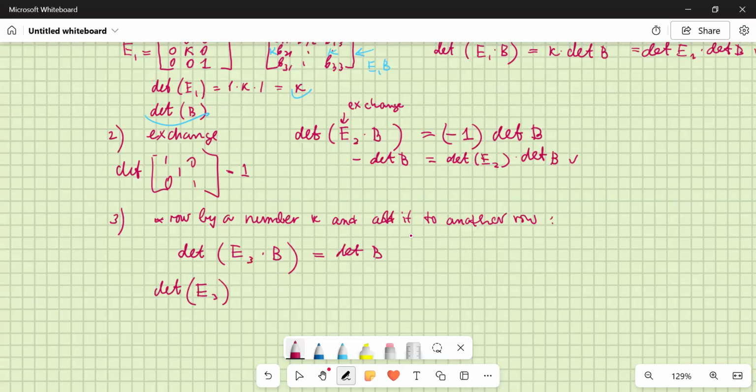Well, because the same rule applies to E as to B, the determinant is going to be just like the matrix was not changed. And when it's not changed, it's just like the determinant of the identity matrix, which is going to be equal to 1. So we can always multiply by 1 and then say that this is determinant of B times determinant of E3, which is equal to 1. So this 1 can be treated as determinant of E3.